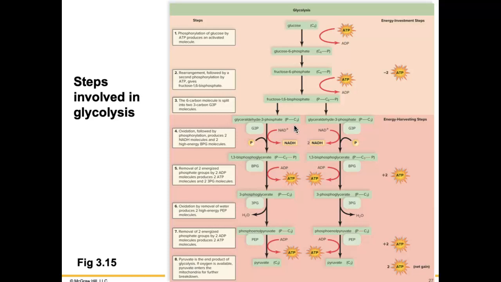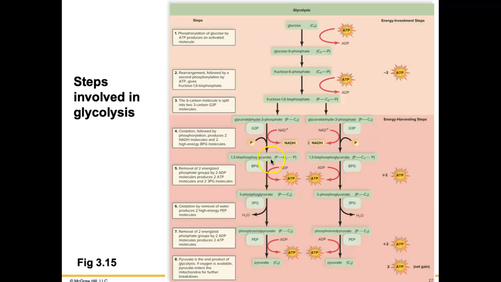And at this point, we are going to start dealing with our carrier molecules. Do you remember what they are? They are NAD and FAD. So here you can see phosphorylation taking place on either side, as well as our carrier molecule coming in and taking those hydrogens. The hydrogens are removed so that later they can be used for generation of ATP in the mitochondria if oxygen is present.